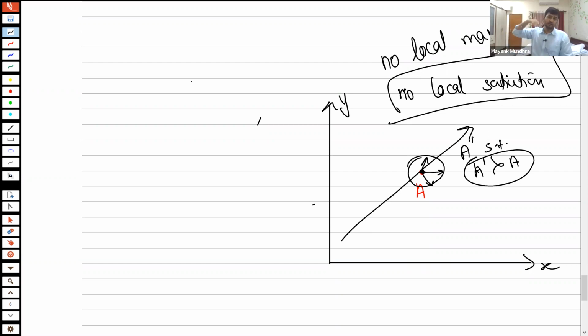So you keep giving the consumer more and more, his utility will keep on increasing. So a situation like you going to a restaurant and saying, I cannot eat any more, is never going to happen in local non-satiation. So more is always preferred. You keep on preferring more and more. So that's the idea of local non-satiation.